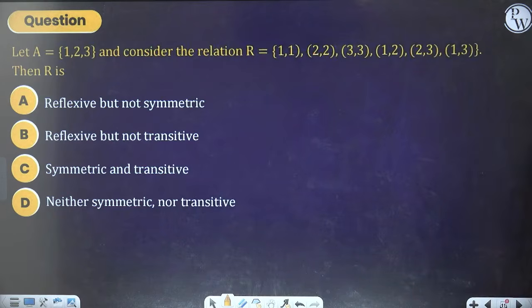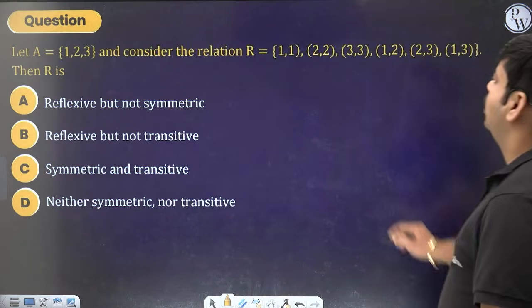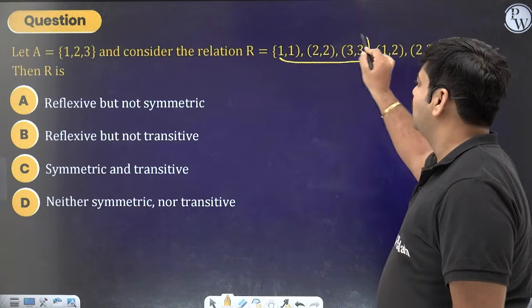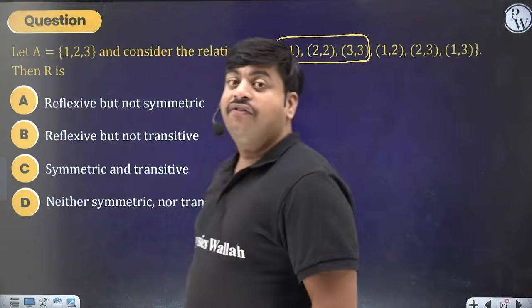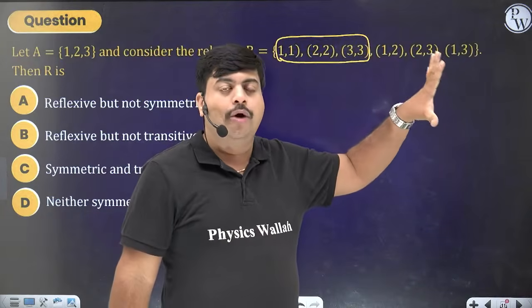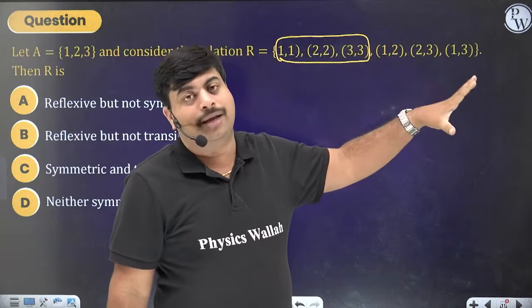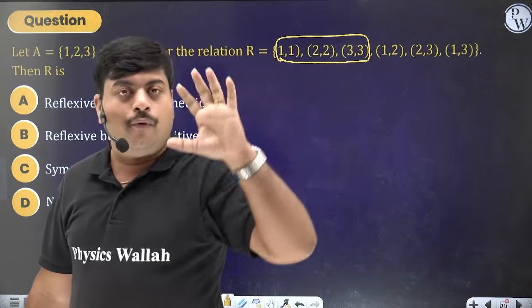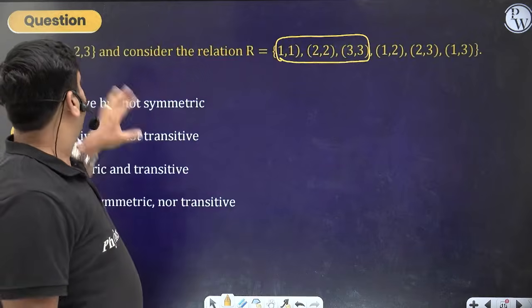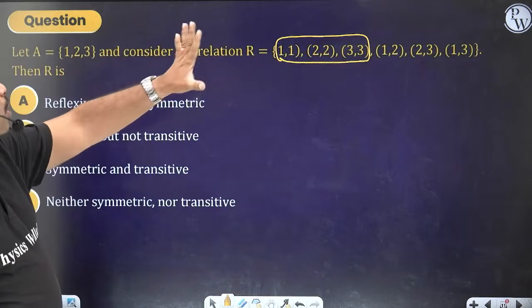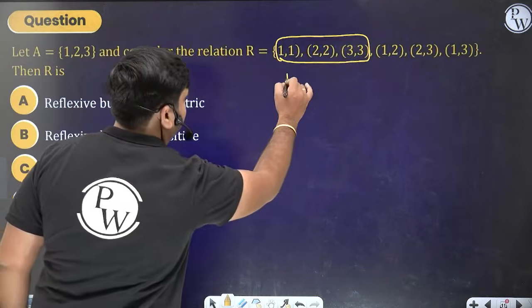Right, please tell me. So (1,1), (2,2), (3,3) is enough to say that it is reflexive. We can have extra elements also, no problem. But whatever is needed for reflexive, (1,1), (2,2), (3,3), we are having. So definitely this relation is reflexive.